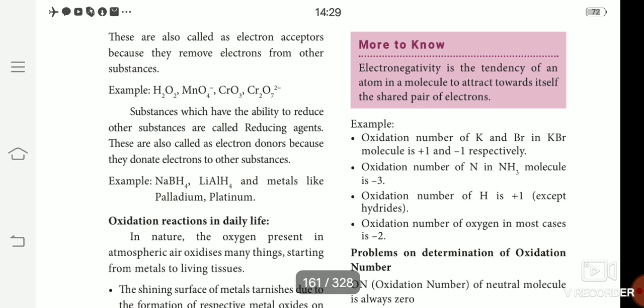Then oxidation reactions in daily life. Some metals are very shiny, for example iron and aluminum. Iron and aluminum react with atmospheric air and atmospheric moisture.